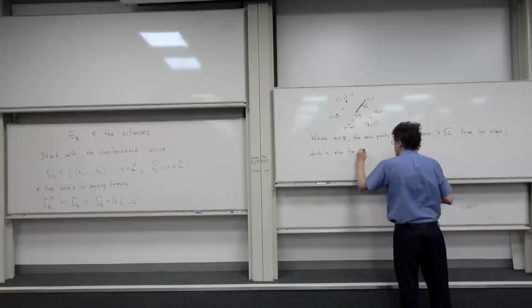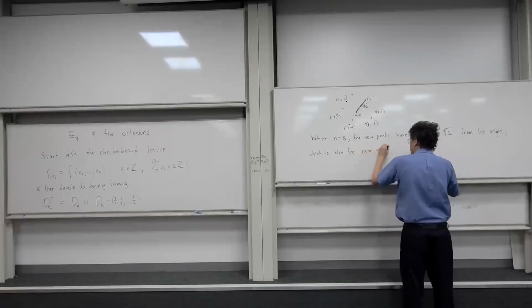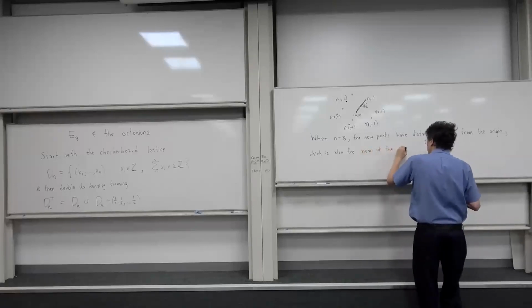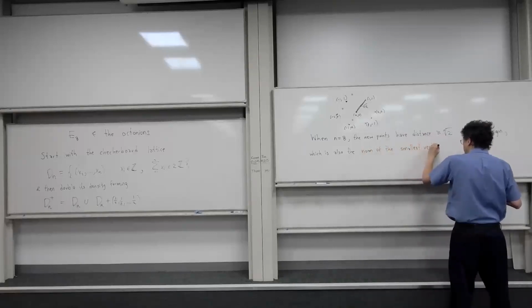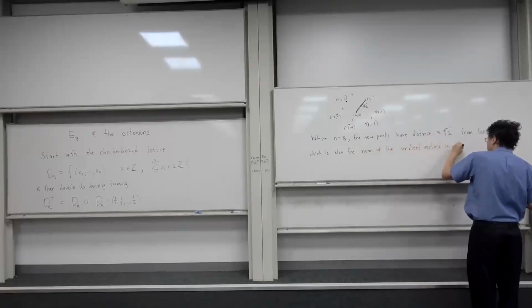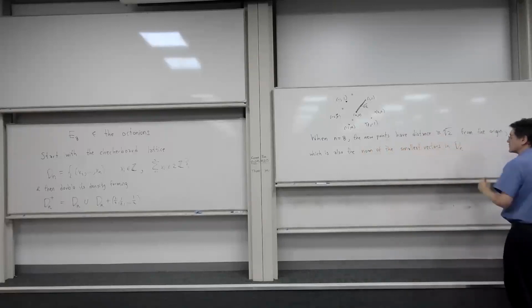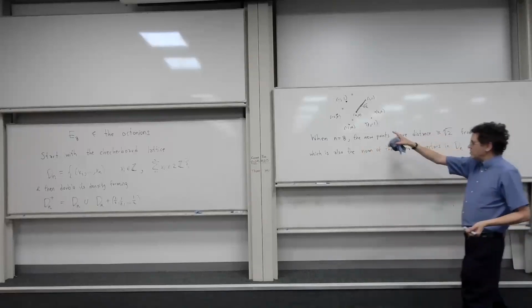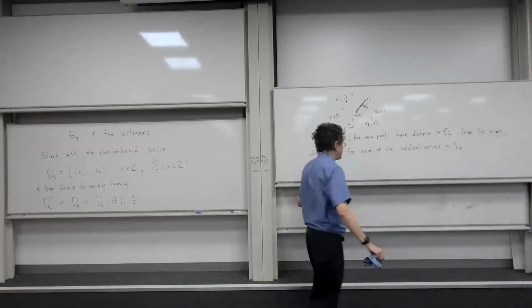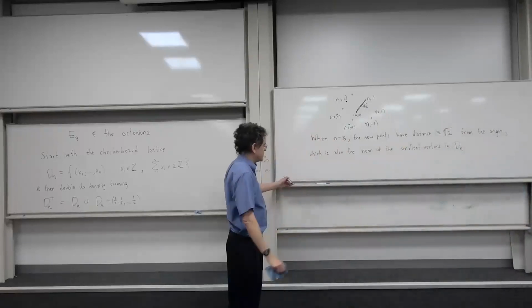Which is also the norm of the smallest vectors in D_n. In other words, the vectors in D_n have points at least square root of 2 away from the origin, except for the origin itself, of course.